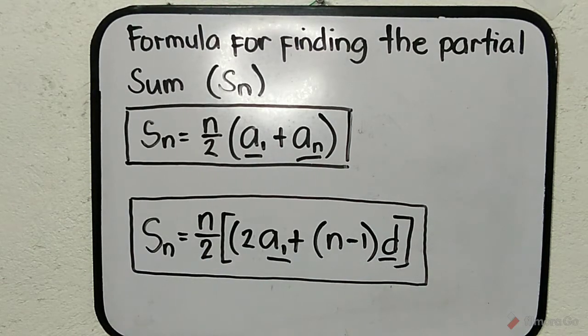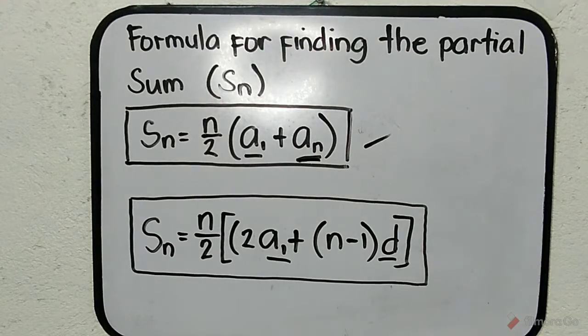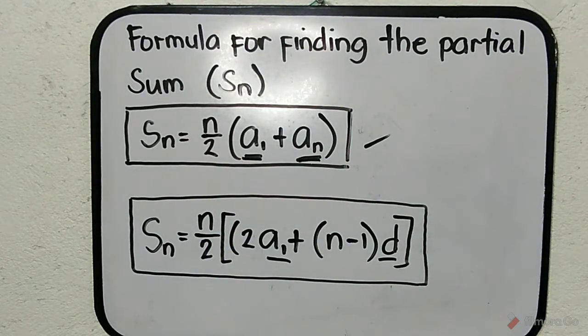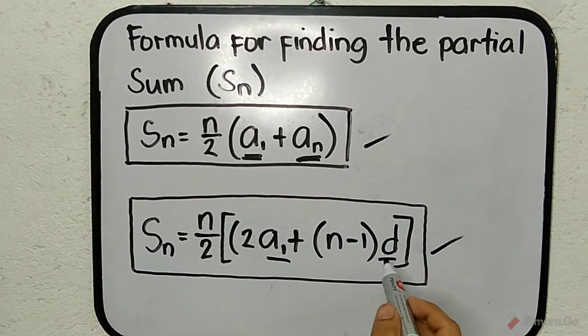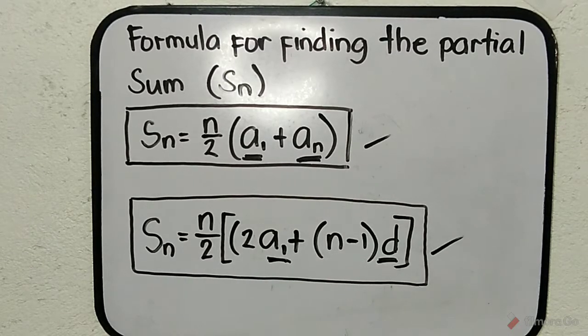Ulit, kailan ulit natin pwedeng gamitin ang ating unang formula? Pag provided sa atin ang ating last term and our a sub 1. Kailan ulit natin pwedeng gamitin ang pangalawang formula? Pag provided sa atin ang ating common difference at ang ating a sub 1. So that will be all, class, for the formula for finding the partial sum of the arithmetic series.